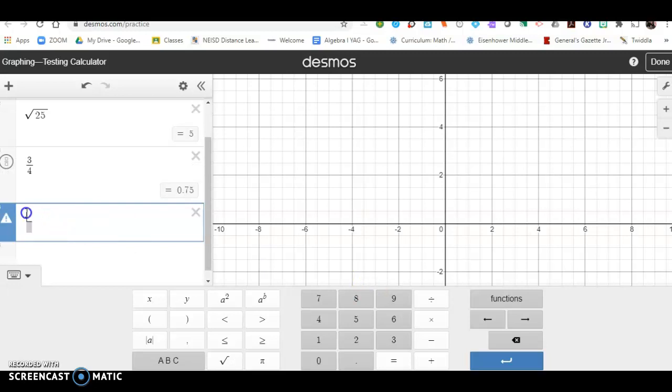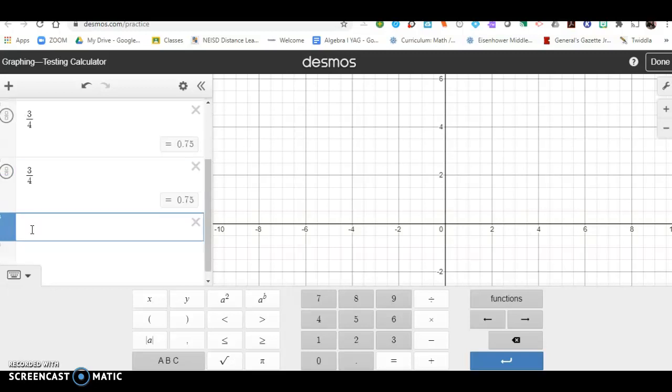It gives me a spot for my numerator and a spot for my denominator. So I can type 3. You can either click on it, touch it, or use the arrows to move up and down. I'm going to put my 4 at the bottom, hit enter, and it keeps my answer.